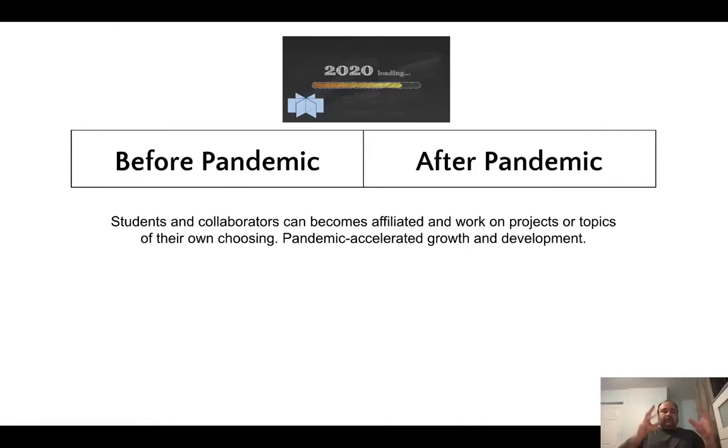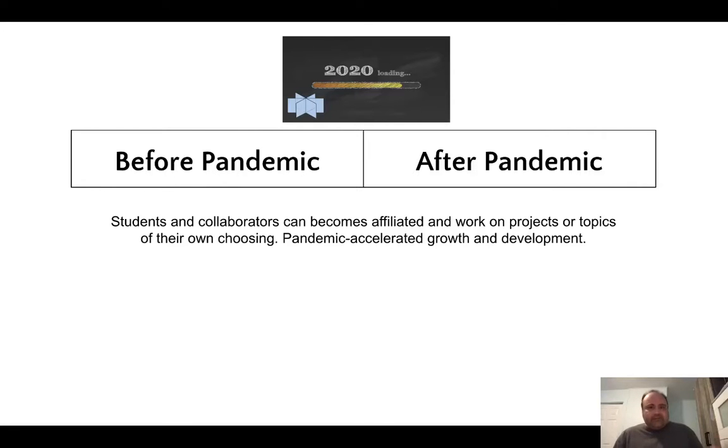And so we were already starting to gain a little bit of scaling up before the pandemic hit, maybe like months before. But then once the pandemic hit, there were a bunch of opportunities that arose that allowed us to scale up quite a bit more and develop the lab a lot faster than would have normally been the case. So before the pandemic, it was very informal. After, it became a much larger affair, but the philosophies stayed the same.